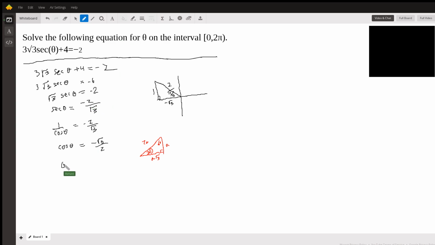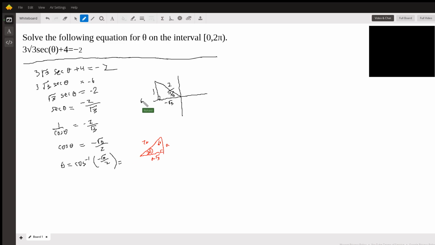Because the next step is theta is the inverse cosine of negative root 3 over 2. And there are restrictions on the inverse cosine, which basically places the answer in the second quadrant but not the third.